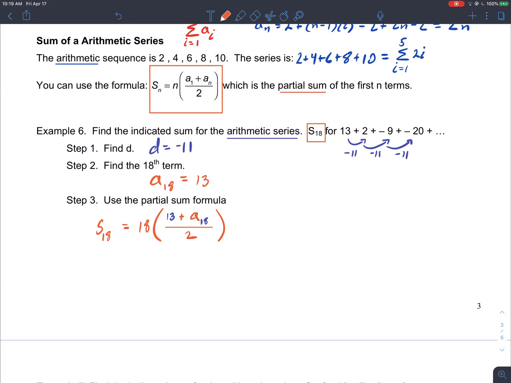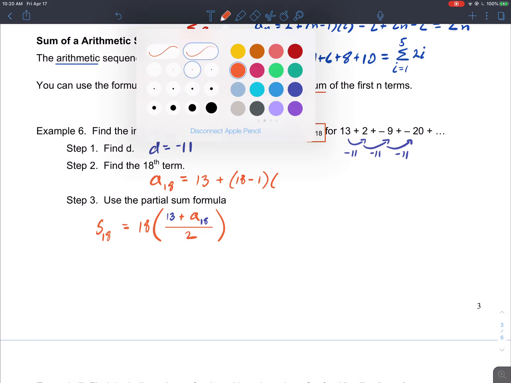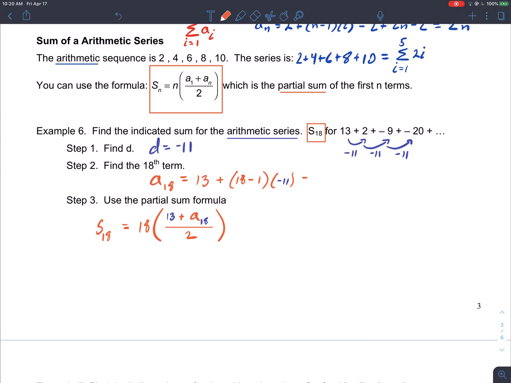This is 13 plus 18 minus 1 times negative 11. My common difference is negative 11. And if I multiply that all out, add it together and so on, I get negative 174. So a sub 18 here is negative 174.